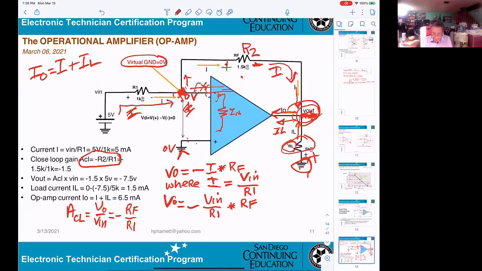That's how you get the load current. Adding load current into the I current here, you get the op-amp current. So this is basically giving you every calculation regarding this circuitry.